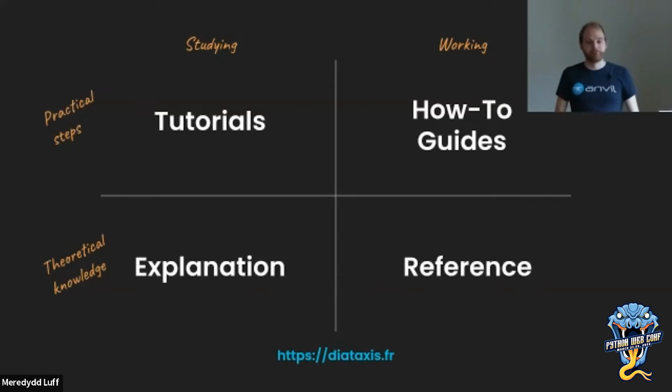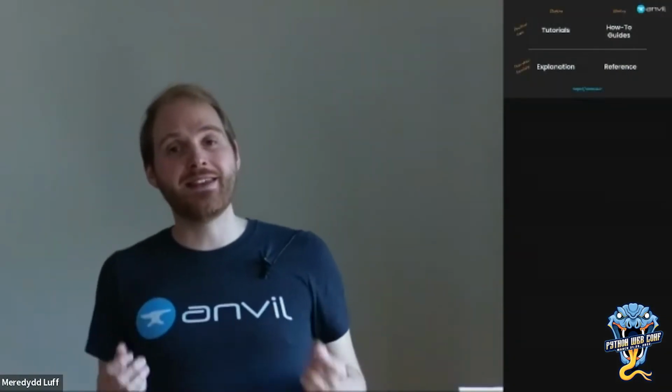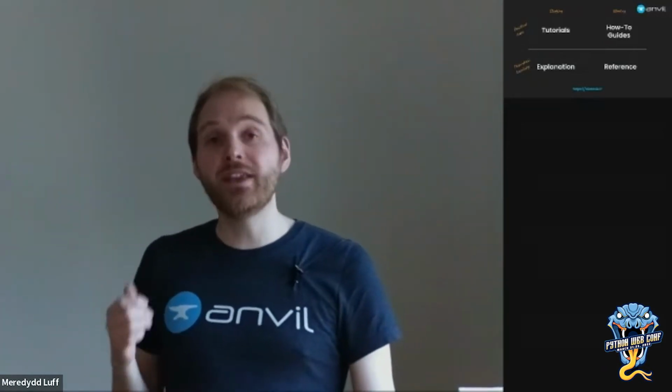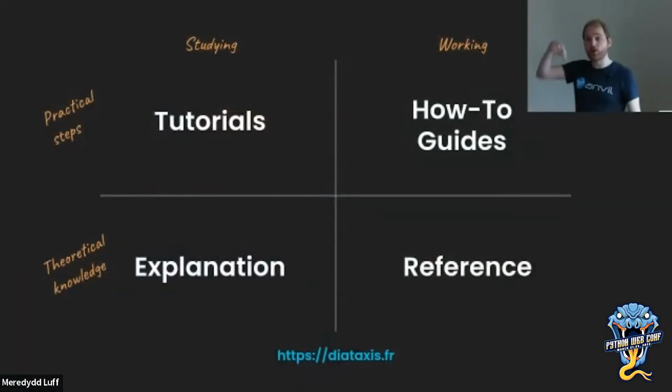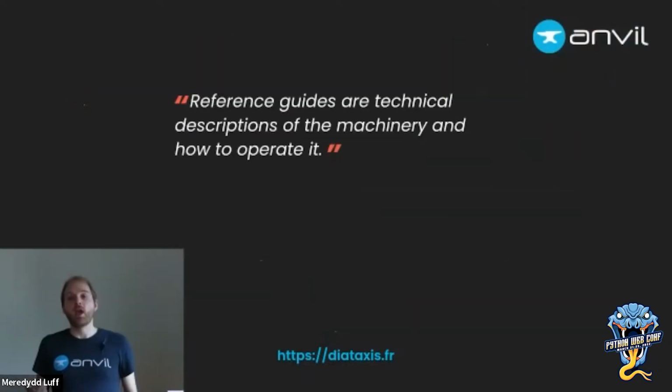But I am inherently suspicious of anything that fits too neatly into a 2x2 matrix. And in this case, I think the biggest problem lies down here in the reference documentation. So if you dig into the description of this framework, you'll see that reference guides are supposed to be technical descriptions of the machinery and how to operate it. Well, okay, yes, that is good.